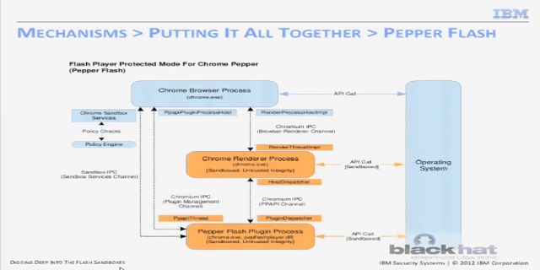For Pepper Flash, it is almost the same as Chrome Flash. One of the differences is that this connection is used for PPAPI calls. And as you can notice, there is no additional broker process. This is because the PPAPI interface is adequate for Pepper Flash.